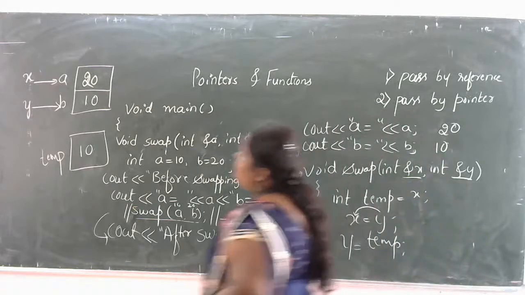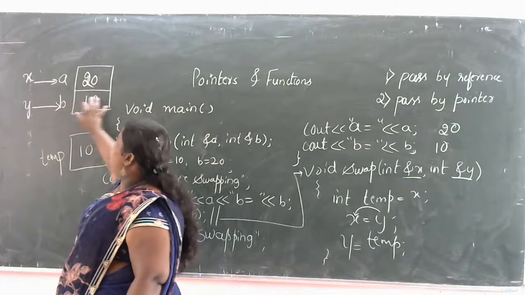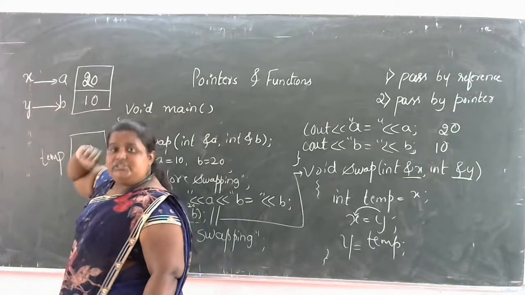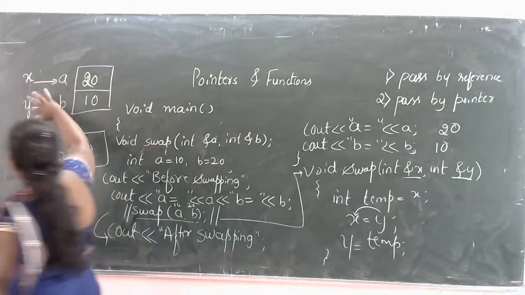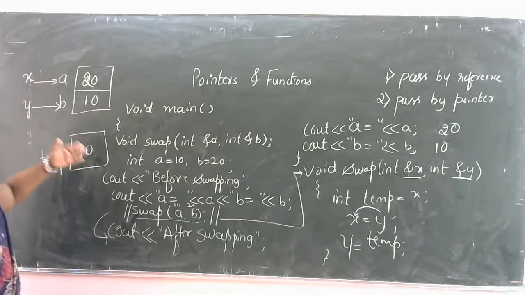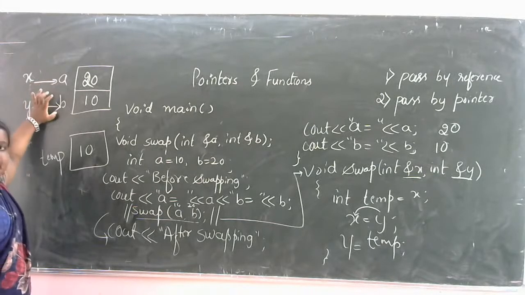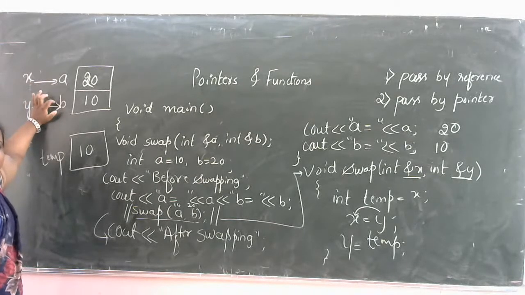Now the value of A is also 20, B will be 10. We have changed the value of X and Y, right? We have not performed any operations on A and B.